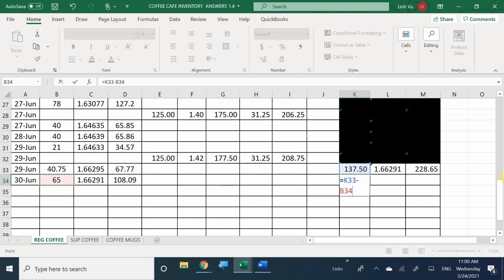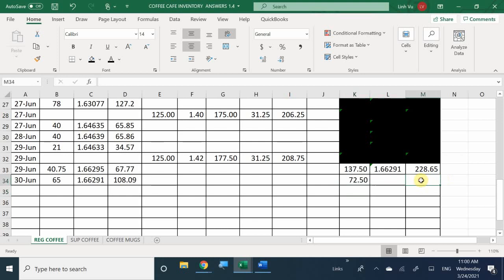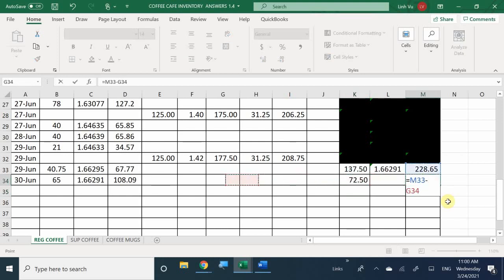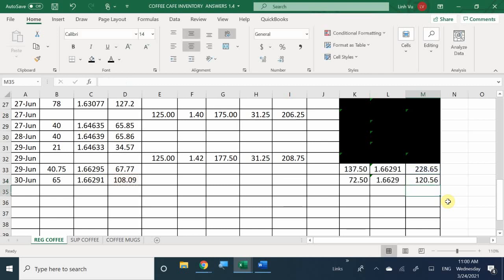So how much is my new quantity? 72.50. My total cost. What's my new total cost? 120.56. And boom, it recalculated my average cost per item to be the same exact number.